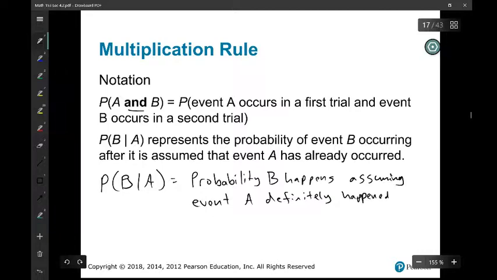So you go and find out what event A is, and then you see how that would have an influence, if at all, on event B occurring.